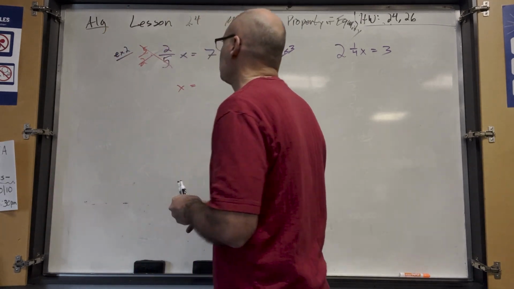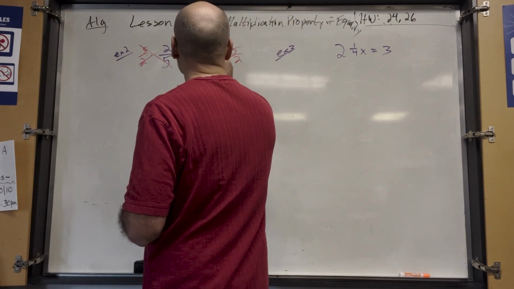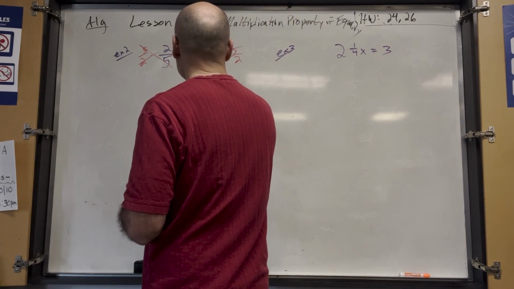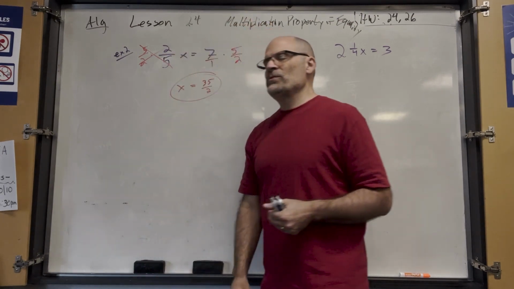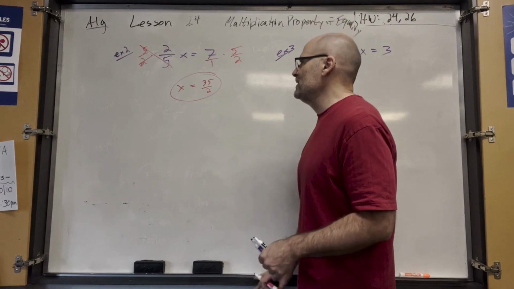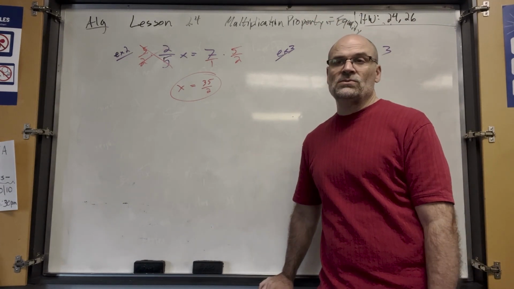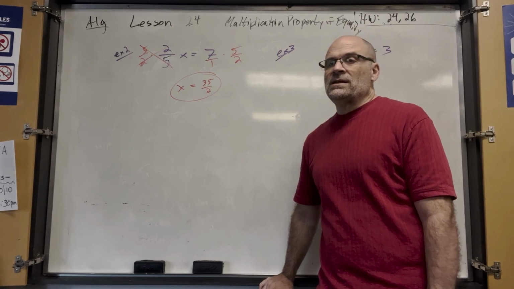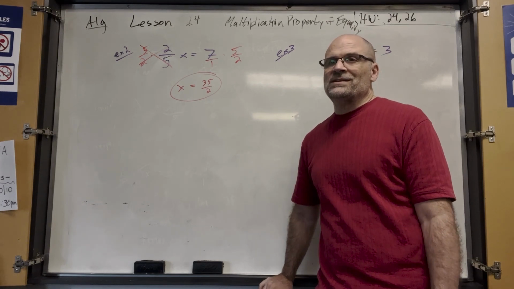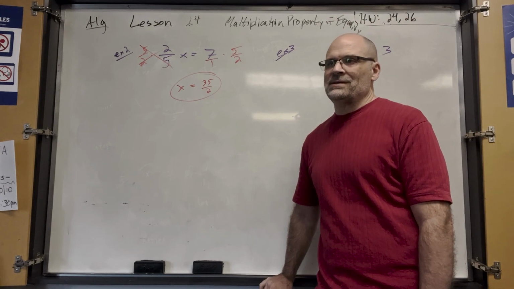And then on the other side, because nothing can cancel out, I just multiplied and I got 35/2. Yep, and that's it. And you can leave it like that. If you want to change it to a mixed number, you can, but I think that's fine. Unless it specifically asks you to change any improper fraction to a mixed number, which they did in like Math 7-6. And I've never heard that since.